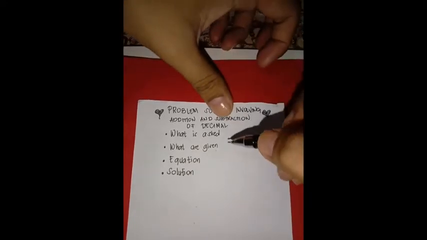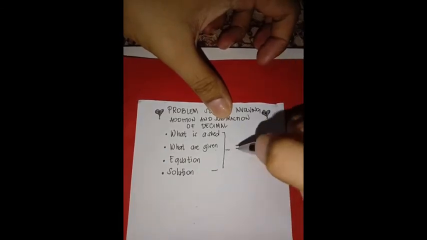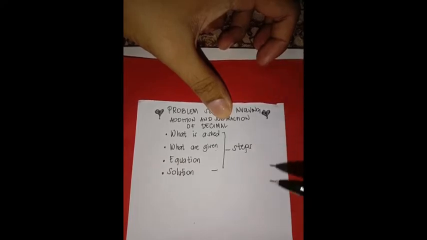These are the steps that we need to do, kailangan natin gawin, to get the answer or to solve the problem. So magbibigay ako ng example para dito, problem solving involving addition and subtraction of decimals.